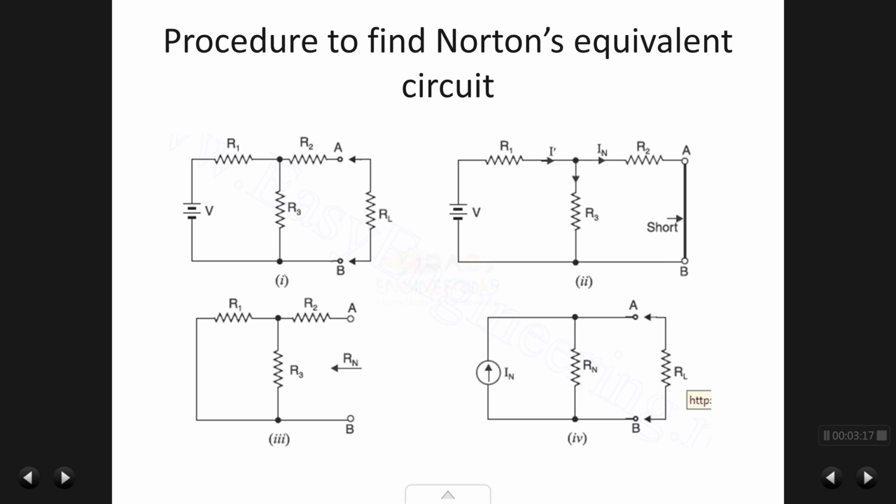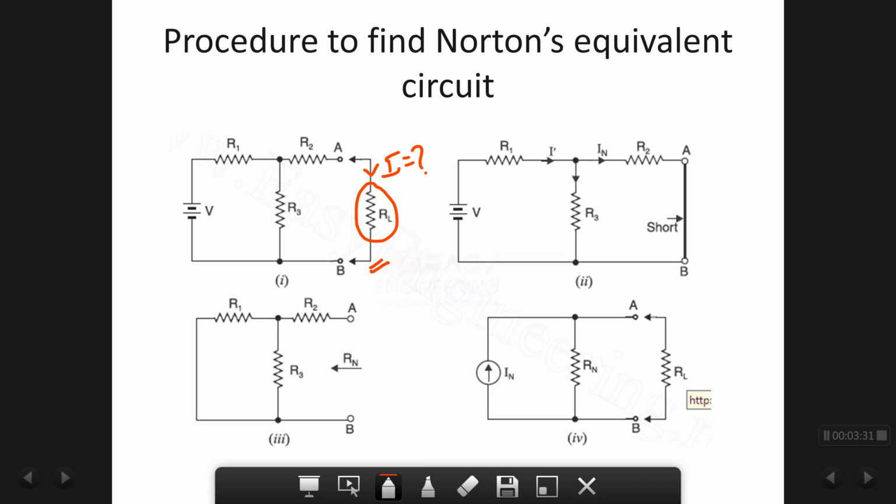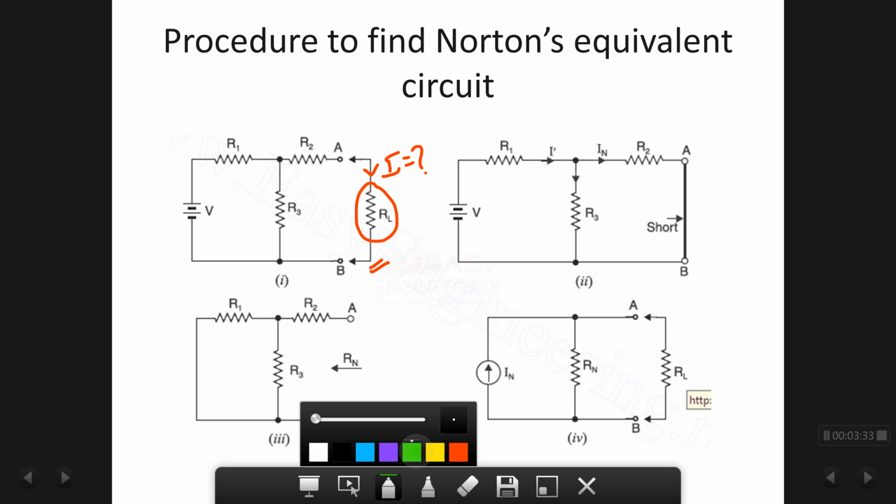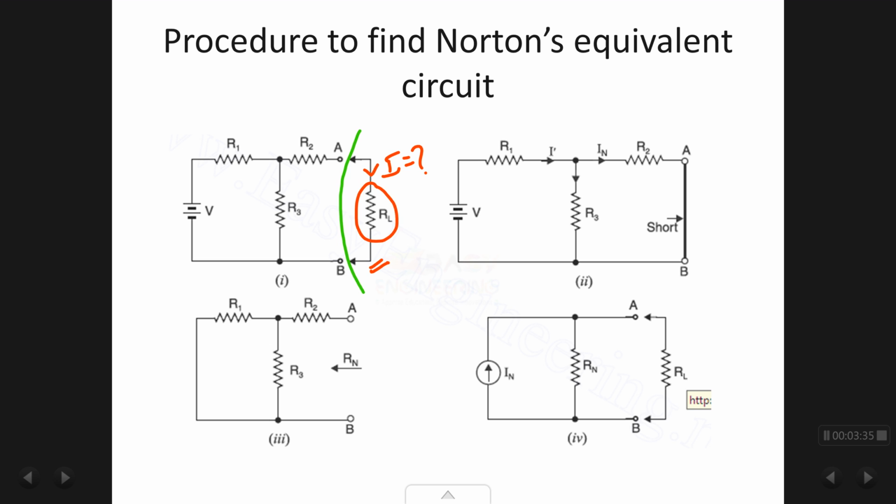Now, supposing this is the circuit given to you, you have to find the current in this particular load resistor using Norton's theorem. Your job is that the network to the left of AB, separated by this green line, has to be replaced by a Norton's equivalent circuit as shown in figure 4.